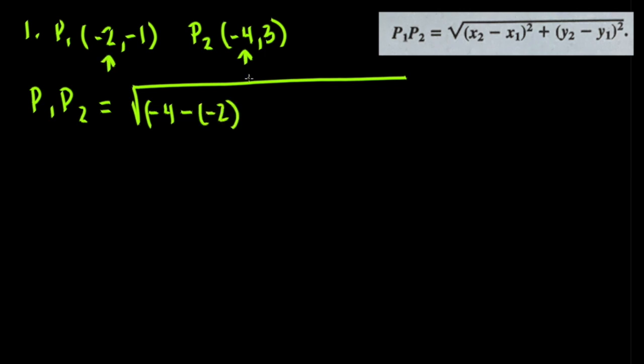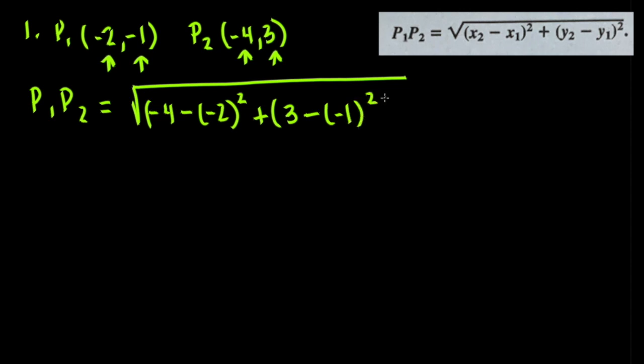All of this is squared, and then we are going to add our second y coordinate, which I got from here, which is 3, minus our first y coordinate, which is a -1. And we're going to square this as well.